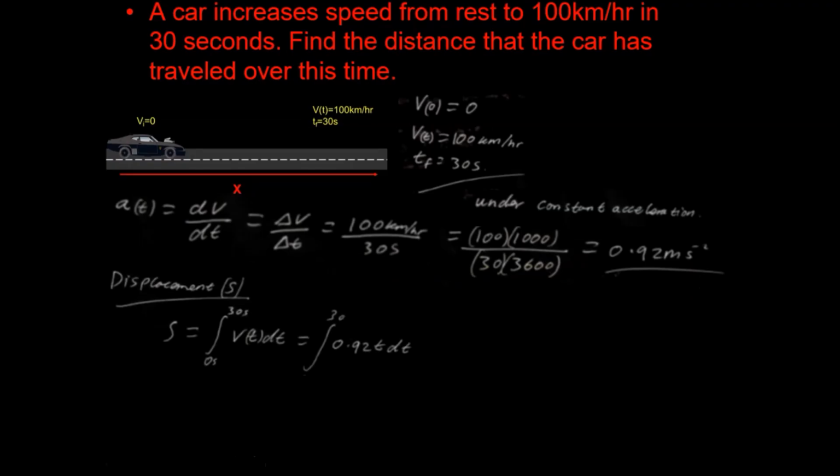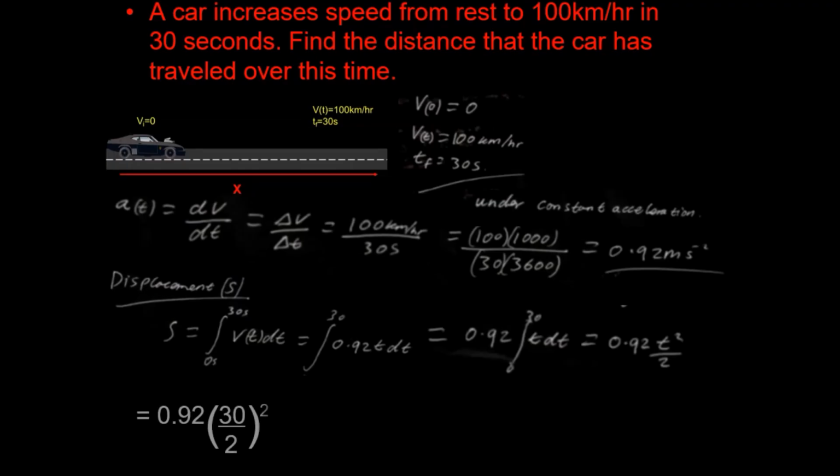Our displacement, therefore, will be an integral of v dt. So 0.92 t dt, with our limits 0 to 30 seconds. This will be 0.92 t squared over 2 if we perform this integral. After substitution, 0.92 times 30 squared over 2 will give us about 414 meters in 30 seconds.